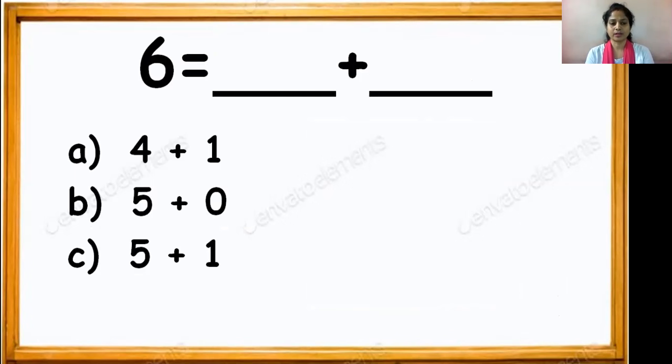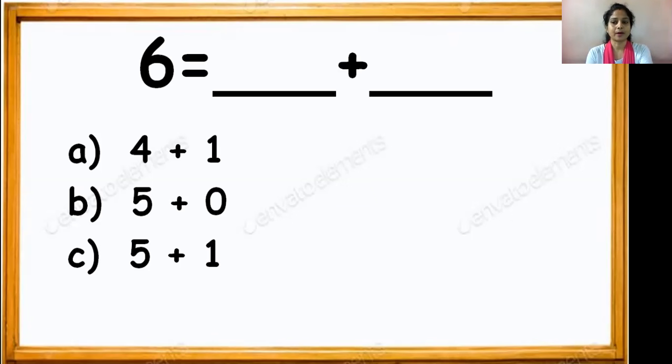Let's do the calculation like this. It's 4 plus 1. It means if we are adding 1 to 4, what will we get? We will get the next number. It's 5. It means A is not the option.